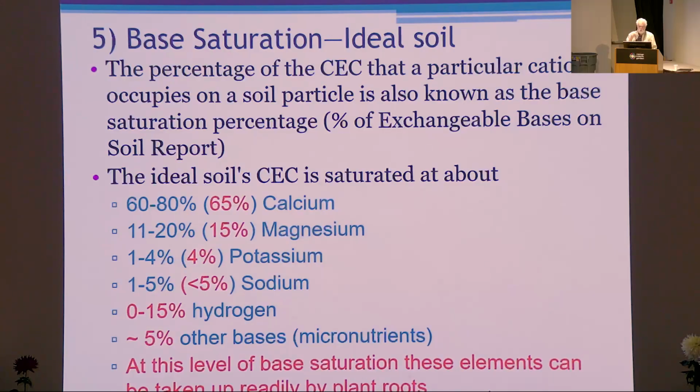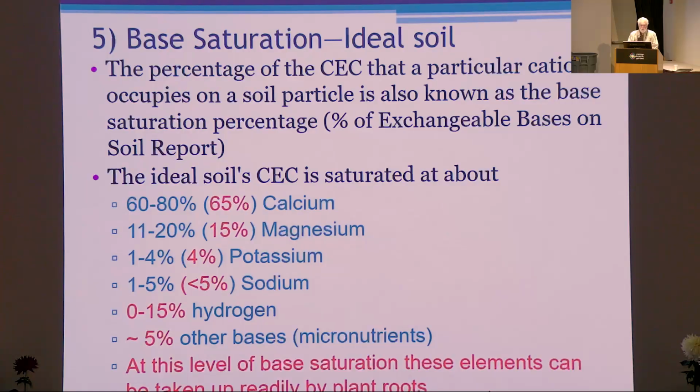Most soil tests are going to look at those three as the most important, but sodium is another positively charged cation that is clinging to those clay particles. Hydrogen, remember, those H pluses are clinging to those negative particles. And then all the other bases, which account for about 5%, are primarily many of those micronutrients.